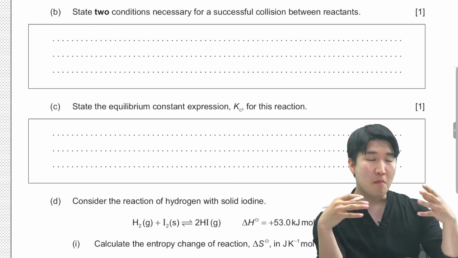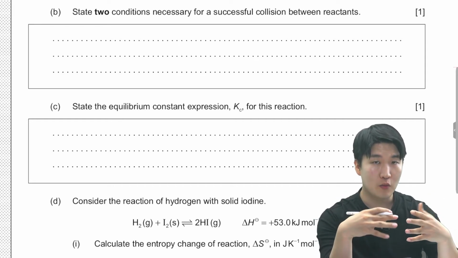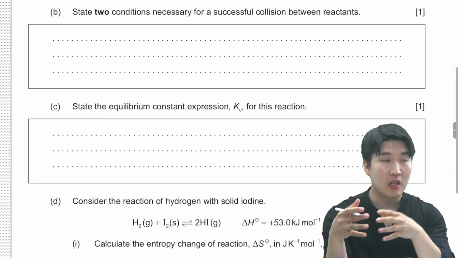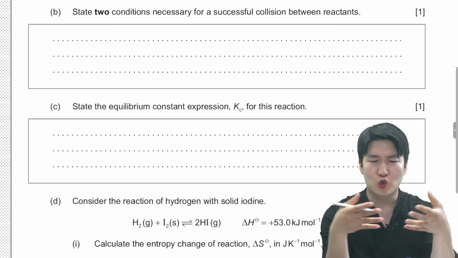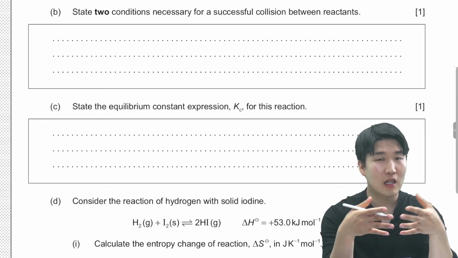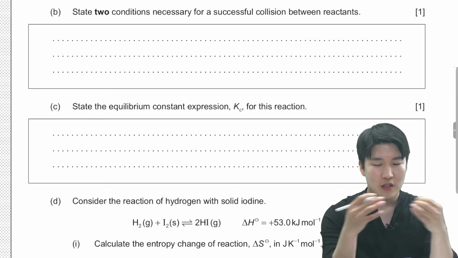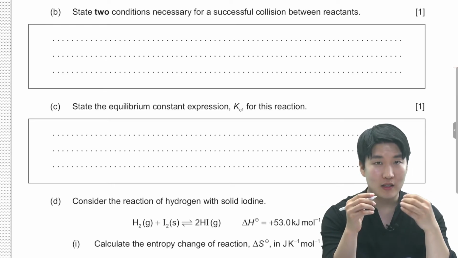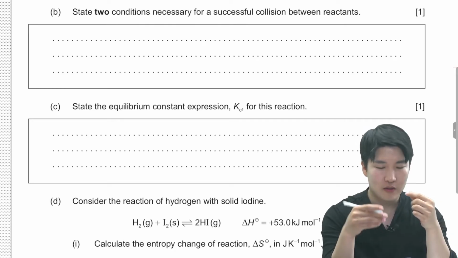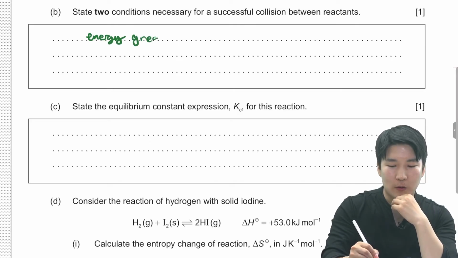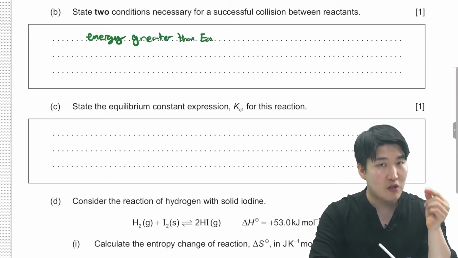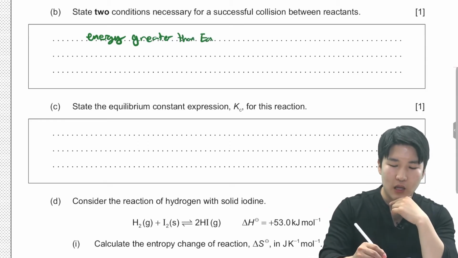Reactant molecules must collide successfully for there to be a reaction. There may not be a reaction if the two colliding molecules do not successfully collide and actually bounce off. So we want to make sure that the colliding particles will have energy that is greater than the activation energy of the reaction, Ea.